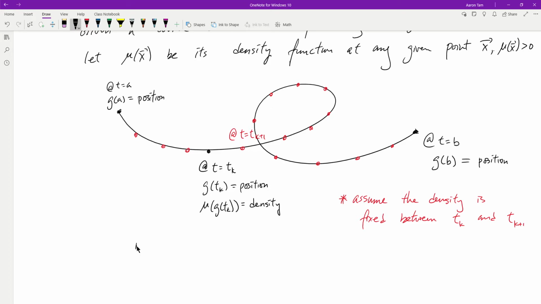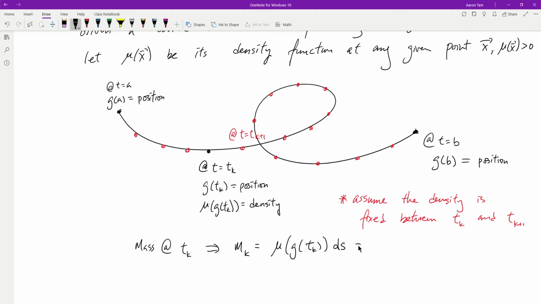The mass from t sub k to t sub k plus 1, which I'm going to refer to as m sub k, will equal, since I assume the density is fixed, the density multiplied by how long it is. And how long it is is basically the arc length differential. So that will be the density multiplied by the arc length differential, which is ds.